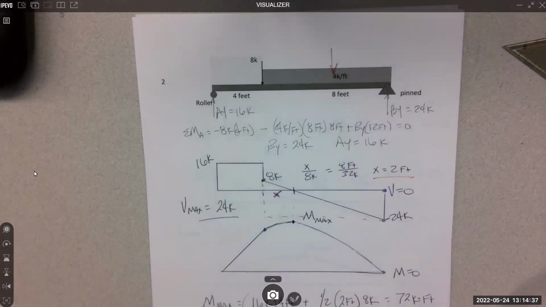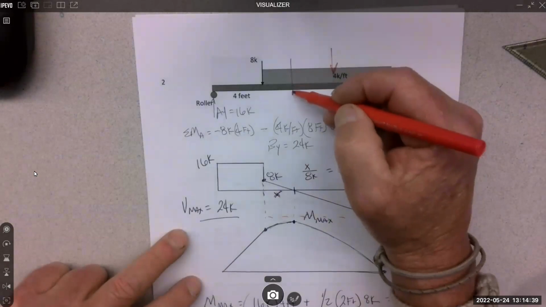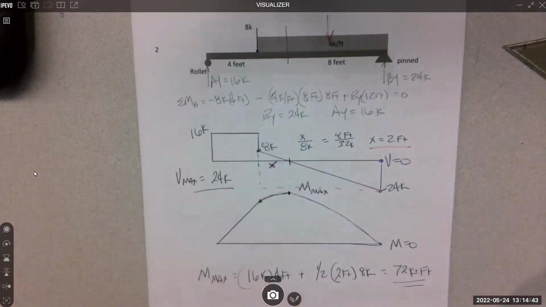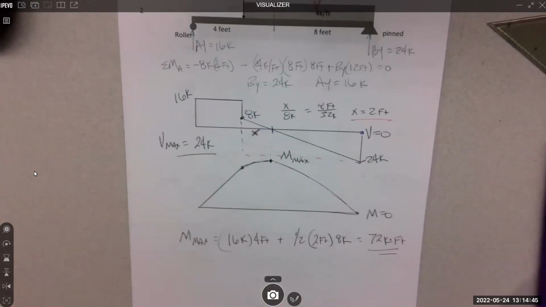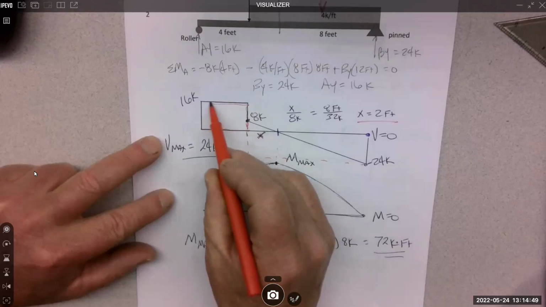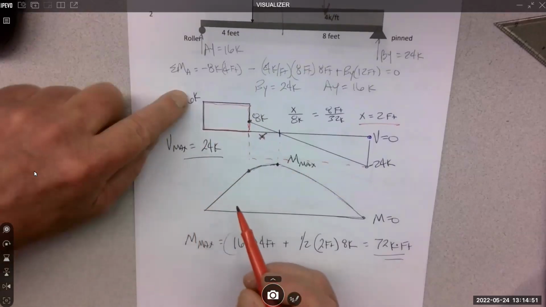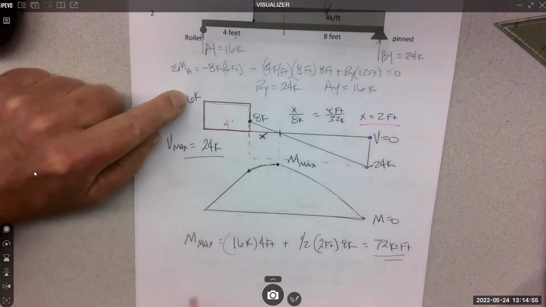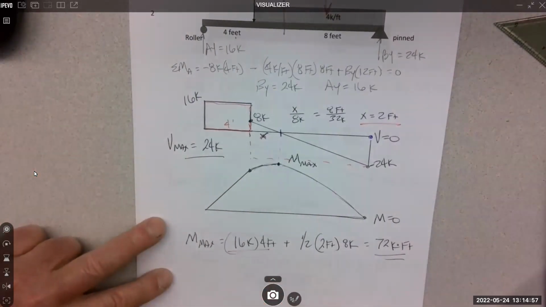And then from that, you could section it and just do a moment there if you wanted to. That's fine. I actually do areas. So I did the rectangular area, this area, 16 times 4, because this is 4 feet. So that's that one.